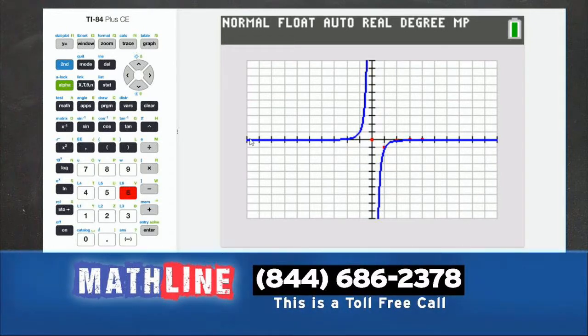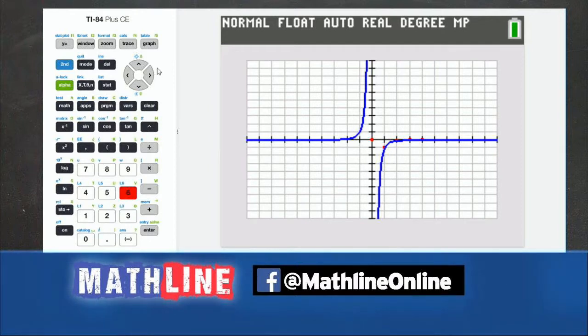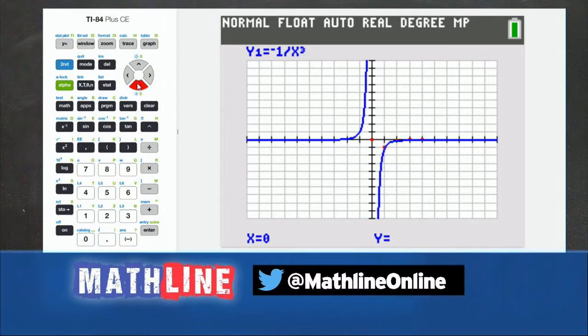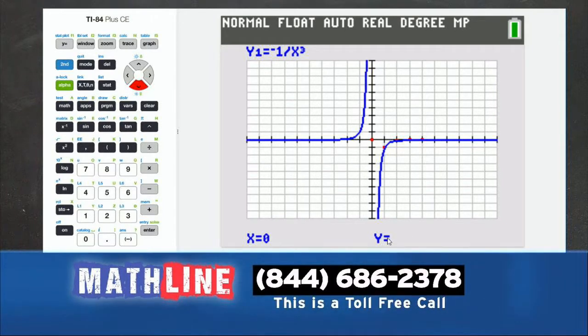So my question is, if we were to trace, oh my goodness, you're all ready to trace? I'm ready to trace. Let's see what happens. And by the way, it's asking, are we going to go with the red one? No, we want to go with the line, because the line is our big guy right here. And look what happened when x was 0. There is no y value. Folks, it's undefined. It's undefined on the blue. Now, yeah, we can find it on the red, but this isn't the red curve.